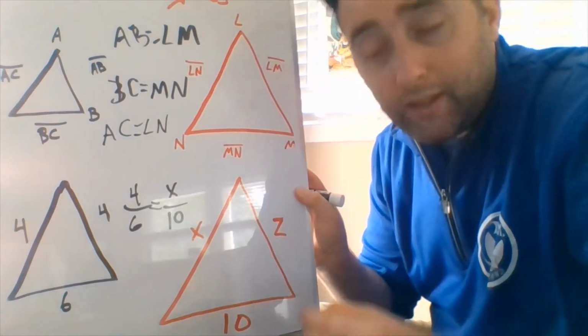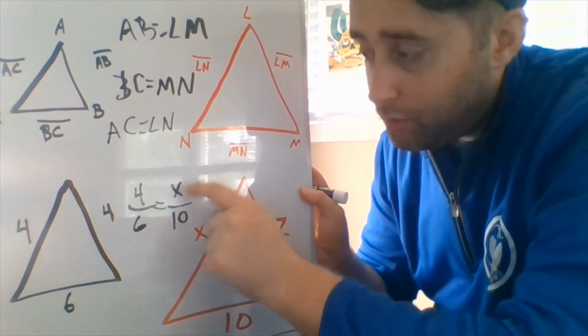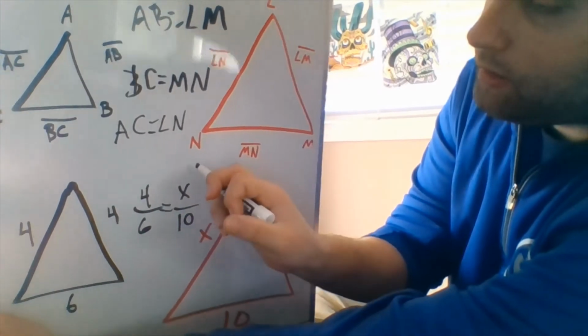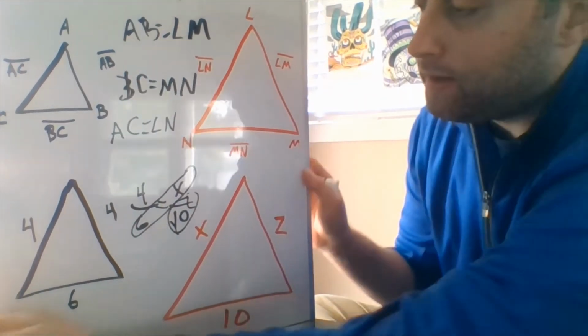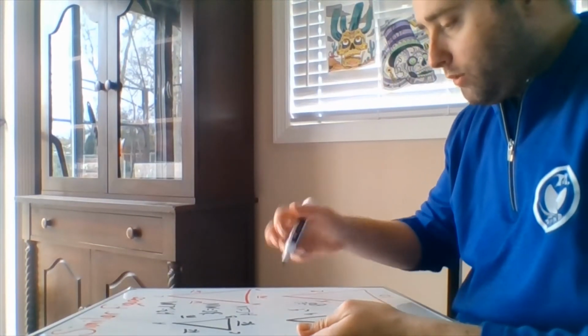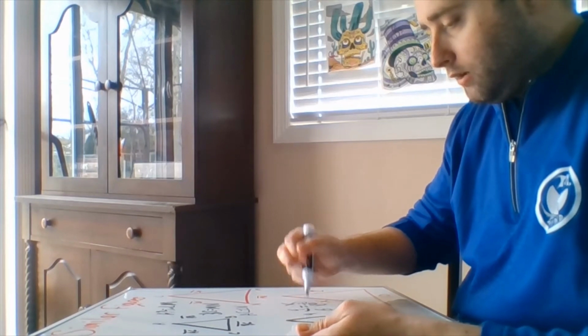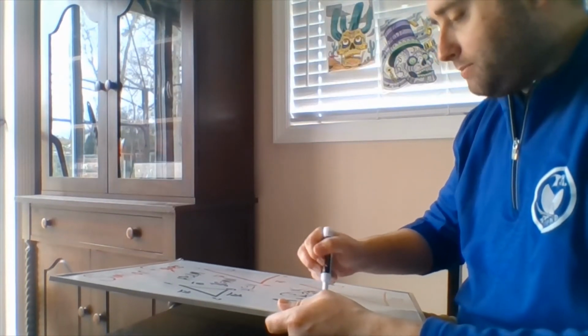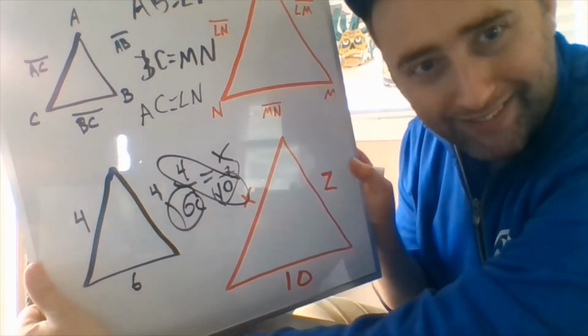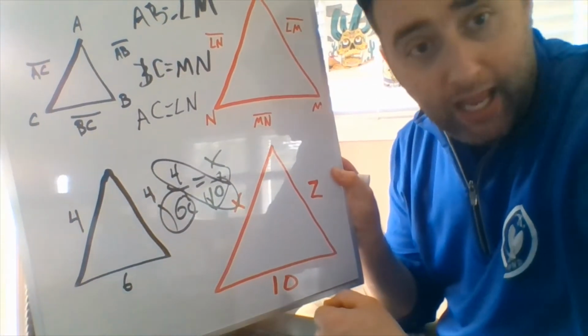So with what we did yesterday, you have to make your baseball bat and your baseball. Okay? I did that backwards. Boom. Baseball bat and the baseball. Better. So 4 times 10 is 40.